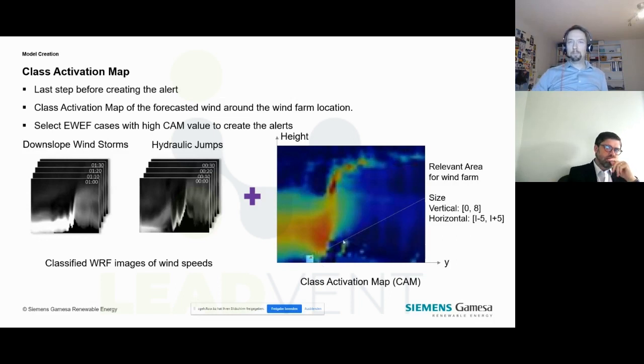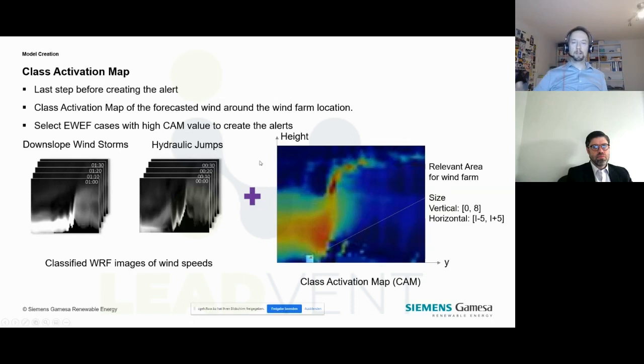Because that directly corresponds to the dimensions of the cross section that we are simulating. I've said we are having a height of 4 kilometers and a length of 100 kilometers. So the wind farm, even if it's a larger wind farm, is only represented in a very small fraction of this overall image. And then we are using a specific technique which is called class activation map.